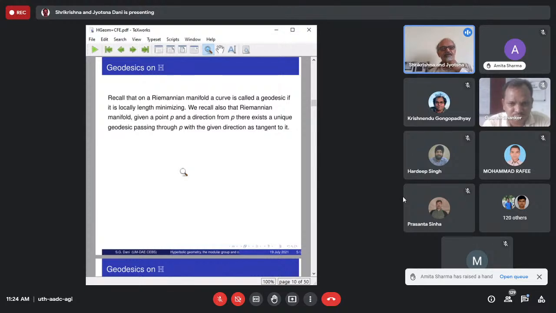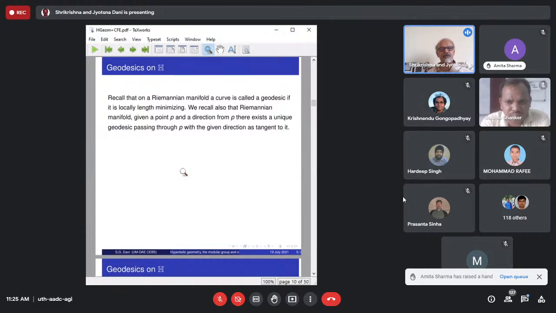If you think of, say, for instance, the sphere. This is of course going to be a bit of a digression. Now, on a sphere, if you look at the great circles, if you take nearby points, then the great circle is the curve along which the length is minimizing. But if you're not taking the full great circle, but leaving out, say, an arc, you should still think of that as the geodesic between the points, but it is not length minimizing.